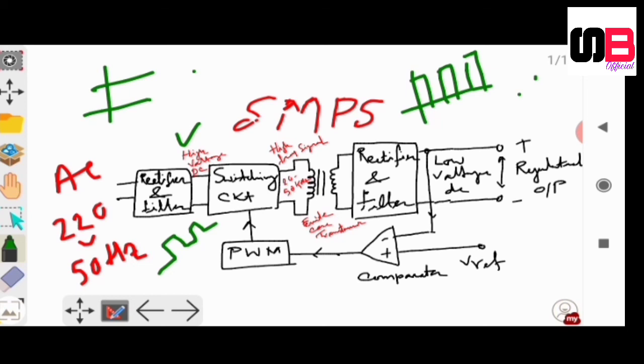So in this way an SMPS works, and the main advantage of the SMPS is that its size is very small and its weight is very light as compared to the linear power supply, and the efficiency of the SMPS is very high as compared to the linear power supply.